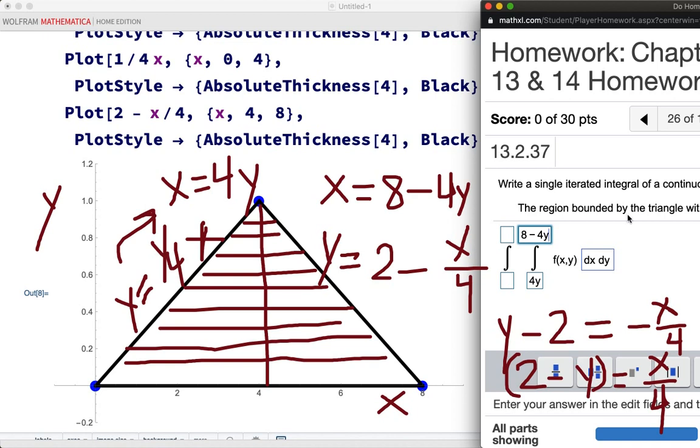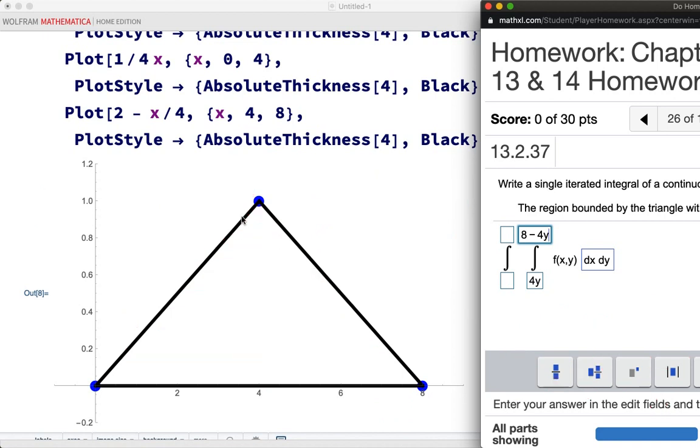Notice now the y limits. The y limits are very, very simple. Y simply goes from 0 to 1. How do I know that? Well, look at the picture. Right over here. The upper limit of y is 1 and the lower limit is 0.